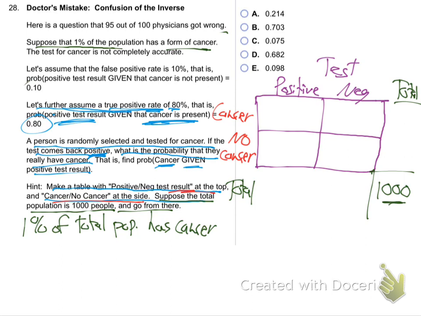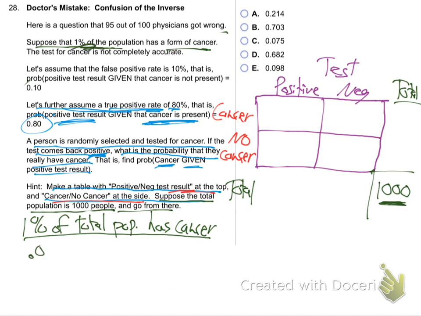We're just saying, hey, suppose there's 1,000 people in the total population. Suppose that our doctor's office in the last year has tested 1,000 people for cancer. Let's just take a nice even number like 1,000. That's the total population. 1% of that total population has cancer. That was the first assumption.